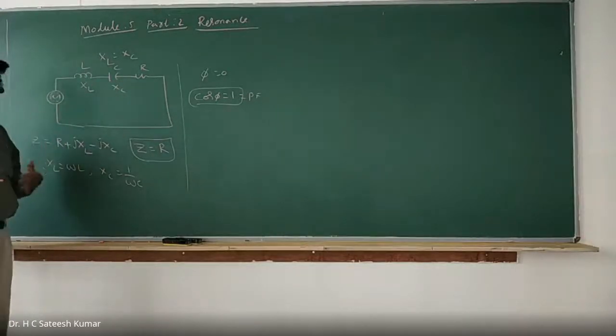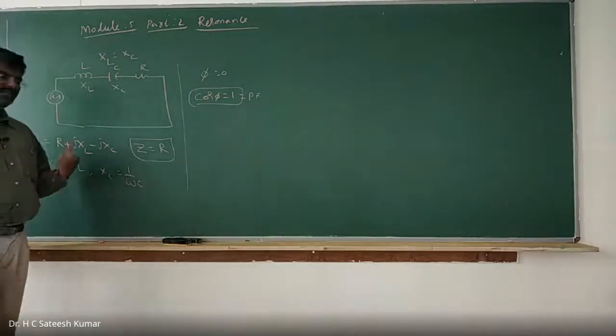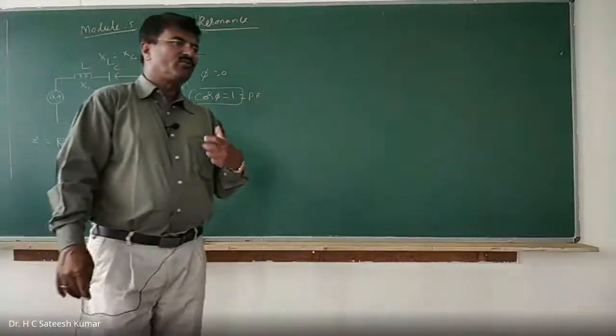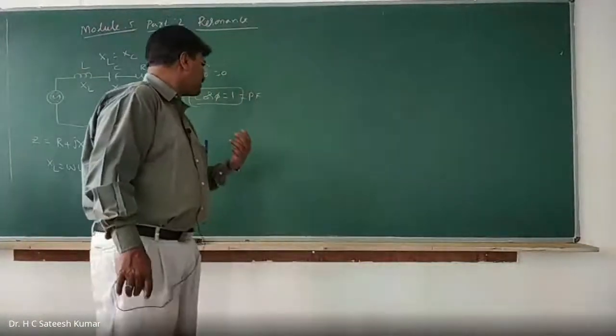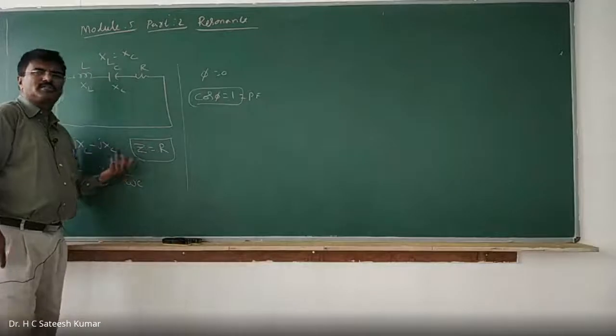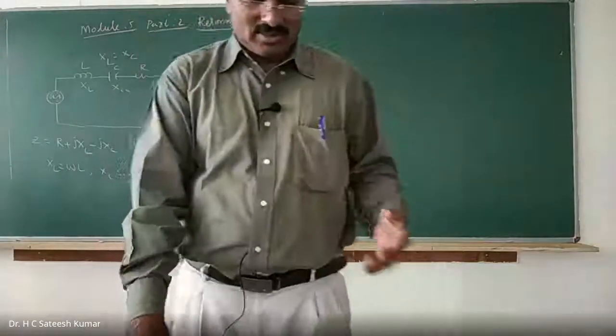Second, the circuit behaves like a purely resistive one. Third, voltage is in phase with the current. Fourth, the phase angle is equal to 0. And fifth, the power factor is unity. So these are some of the different definitions of resonance.